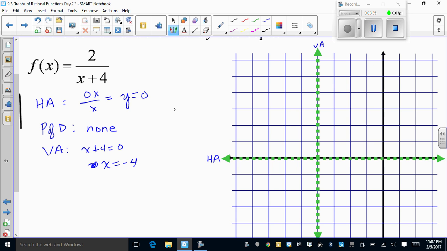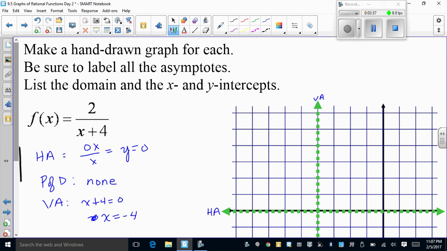And now the last part, where it tells you to list the domain and the x and y intercepts, that's going to get you into graphing it with a little bit of ease. On these ones, we'll try to make it some nice numbers, but if I put 0 in for x, then y is going to be 2 over 4, or 1/2.